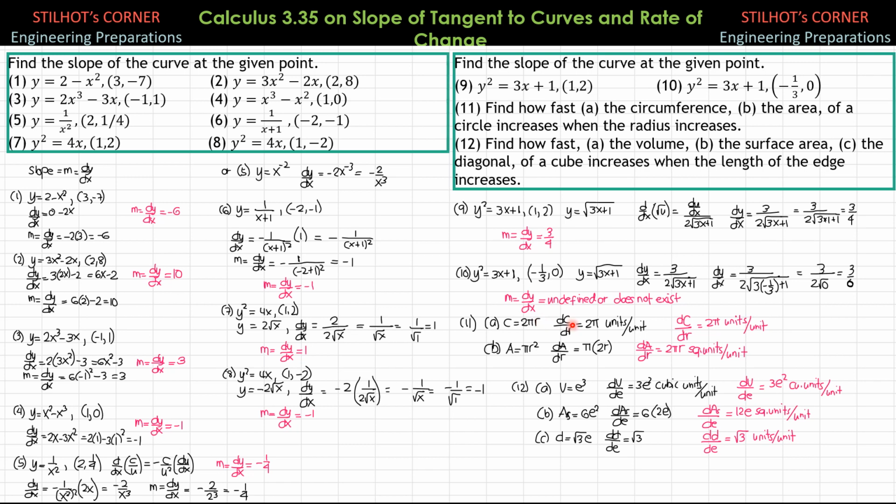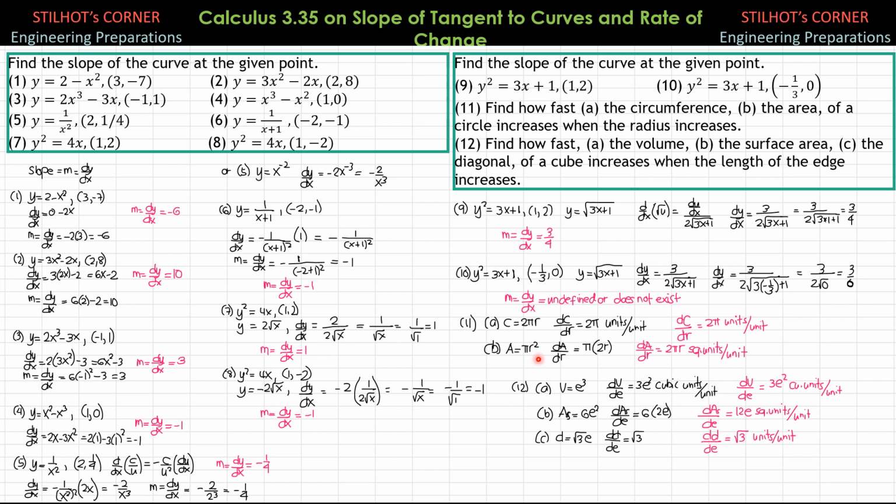So the answer is 2 pi, and the unit would be units per unit, because circumference has units of length, and radius also has a unit of length. So that's the resulting units. If the radius is in meters, then it would be meters per meter.